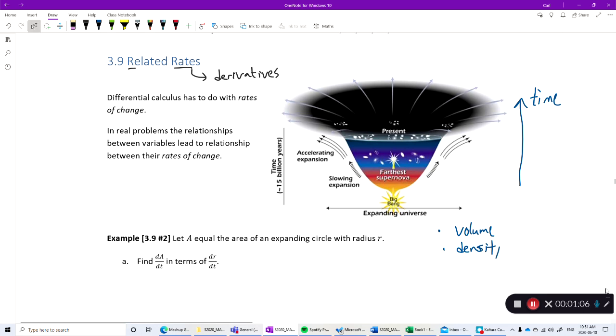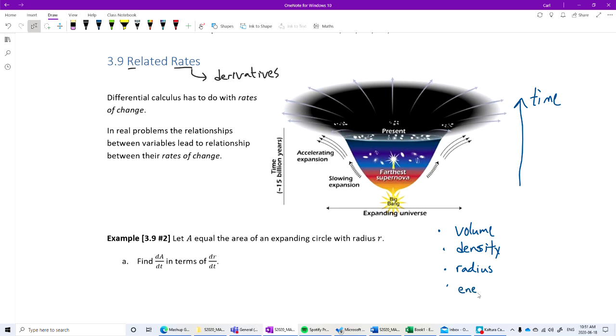The radius is changing. What else? Let's say the energy density, how much energy is in each little bit of space. All of those variables are changing in time, and they're related to each other. So that's an example that would be relevant to this topic.